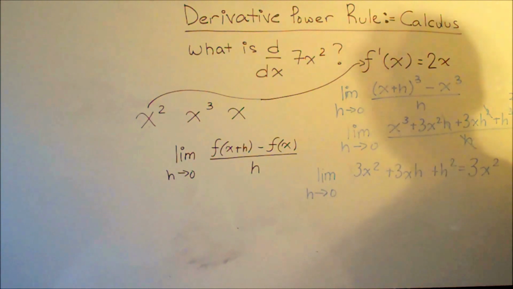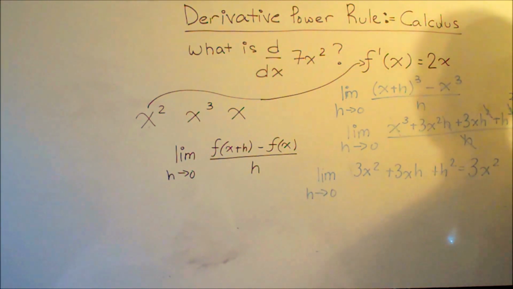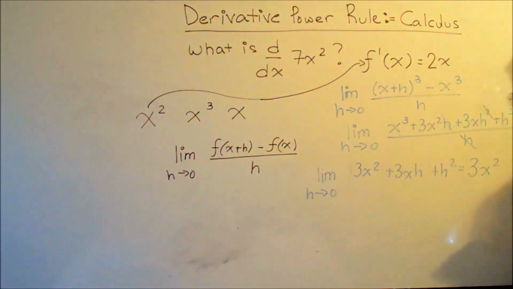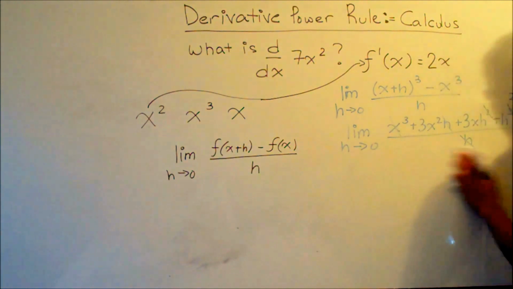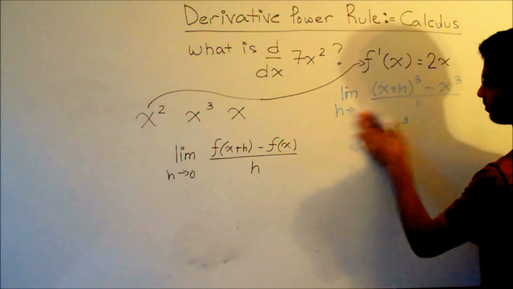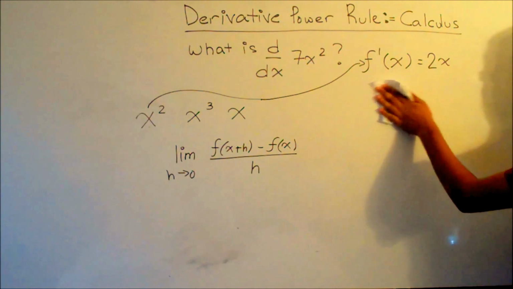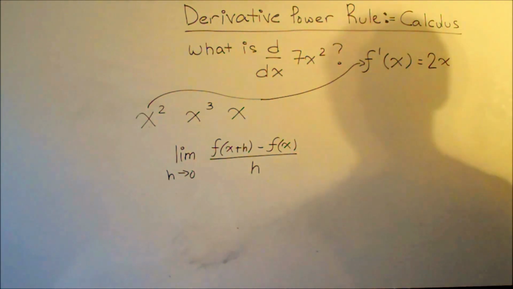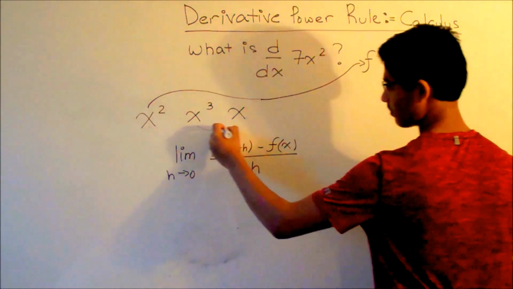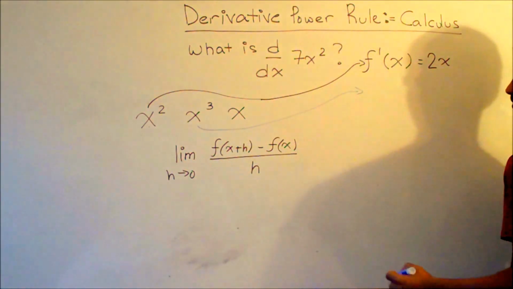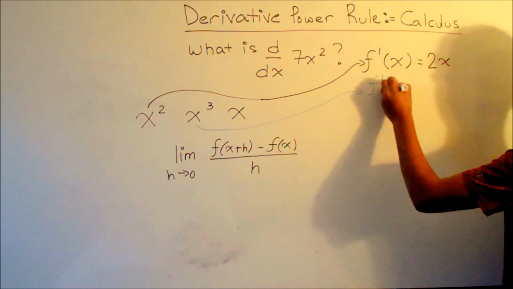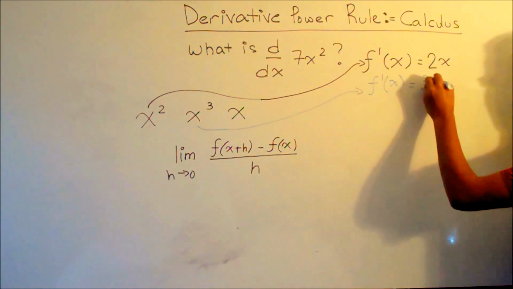So that means that f prime of x for x cubed is 3x squared. F prime of x is equal to 3x squared.